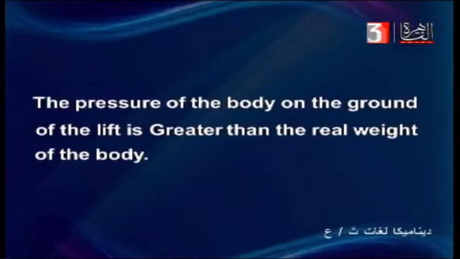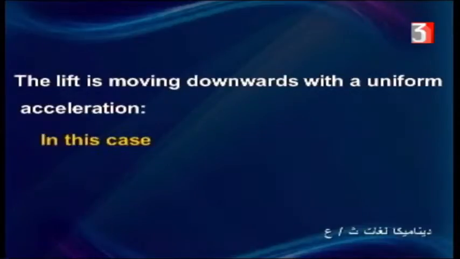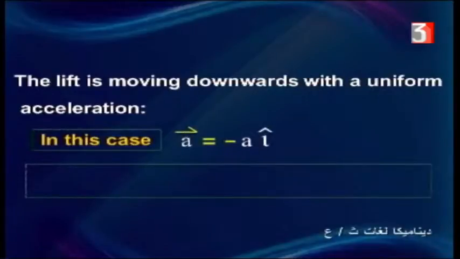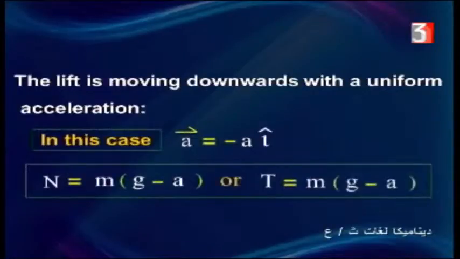And the third case: the lift is moving downwards with a uniform acceleration. Then vector a equals negative a times i, and the equation is written as N equals m(g minus a), or the tension T equals m(g minus a).